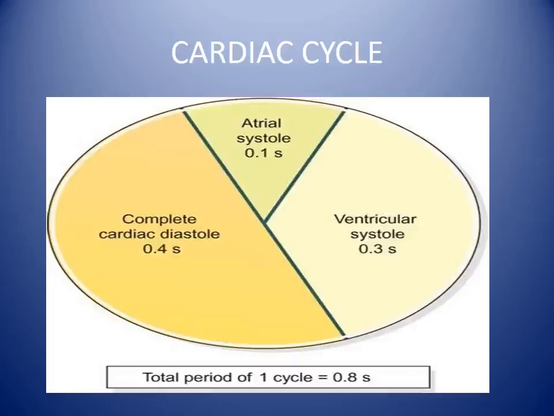Ventricular diastole is relaxation of the ventricles, 0.4 second. Totally, one cycle is 0.8 seconds.